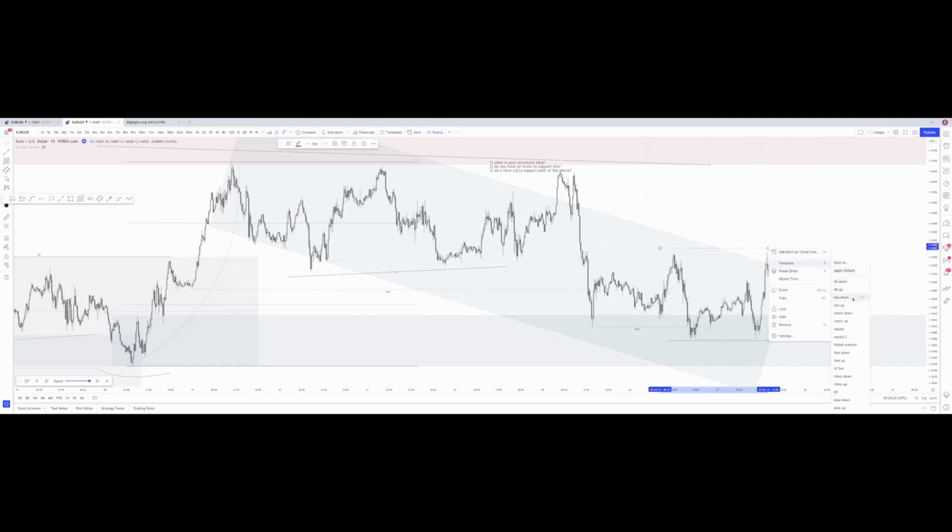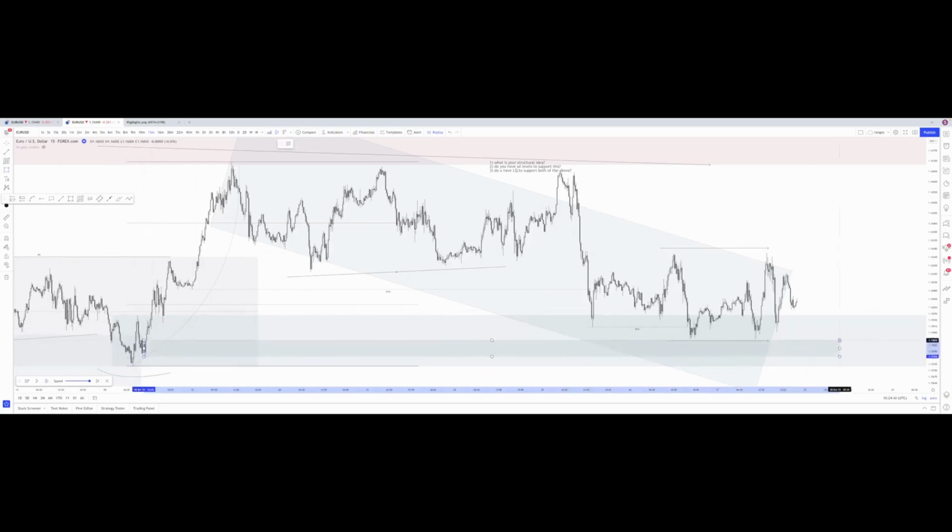All right, let's go and now see if we've got SD level to support, right? And yeah, we definitely have here, right? The only really unmitigated engulfed sell to buy. Right, and look how those equals just form perfectly above it. Like, that's just like money.